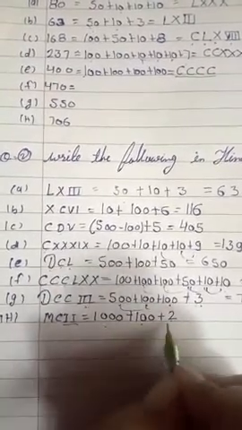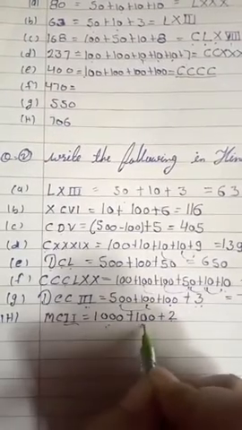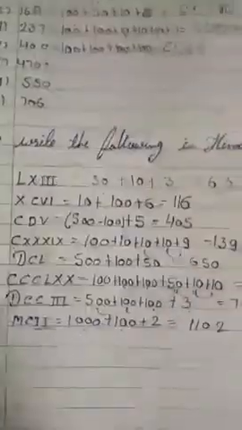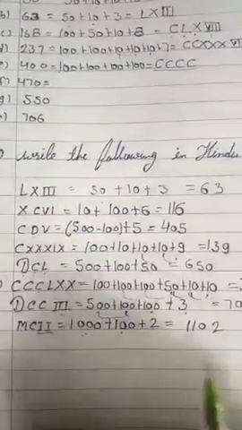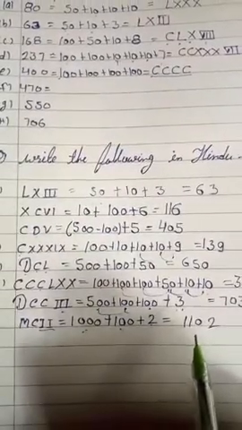Then add the numbers: 1000 plus 100 plus 2. The answer is 1102.